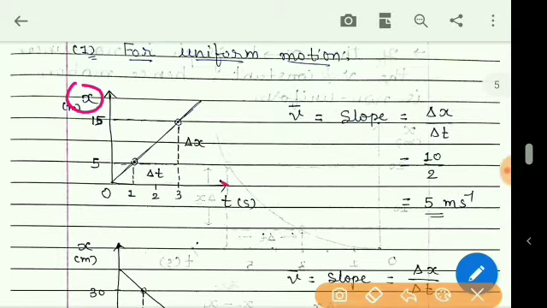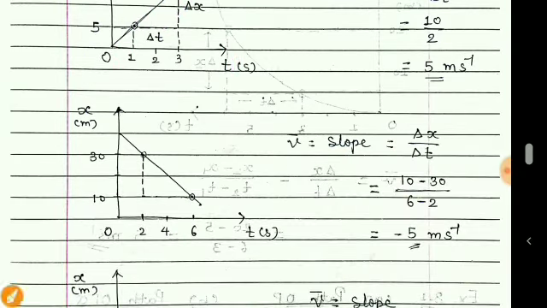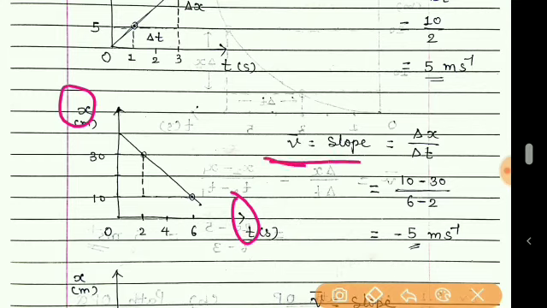Position time graph will give you information of velocity. So a straight line means velocity is constant, but it will be positive because the slope is upward. Position time graph, again it will give you velocity only, but it is a downward slope, so velocity will be negative.